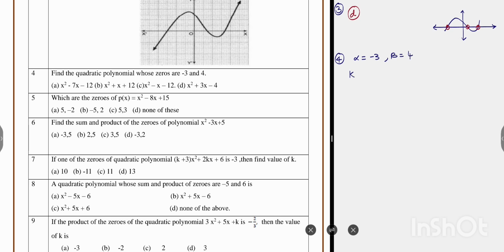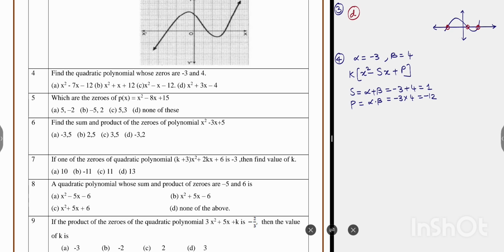We have a formula to find a polynomial: k into x square minus sum of zeros into x plus product of zeros. Sum of zeros is alpha plus beta, that is minus 3 plus 4, which is 1. And product of zeros means alpha into beta, minus 3 into 4, which is minus 12.